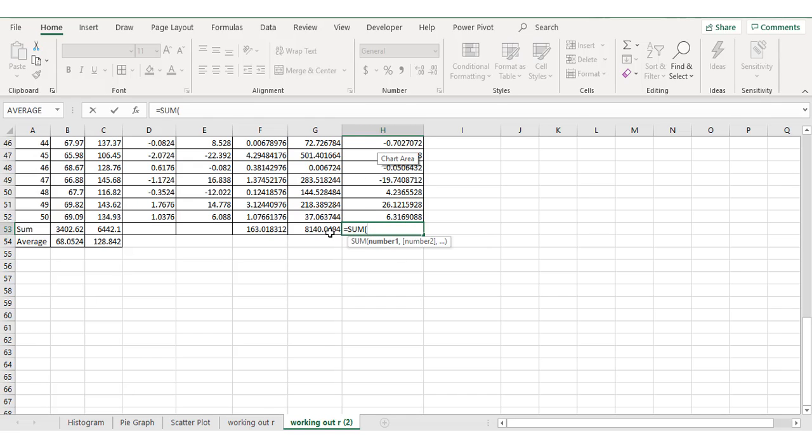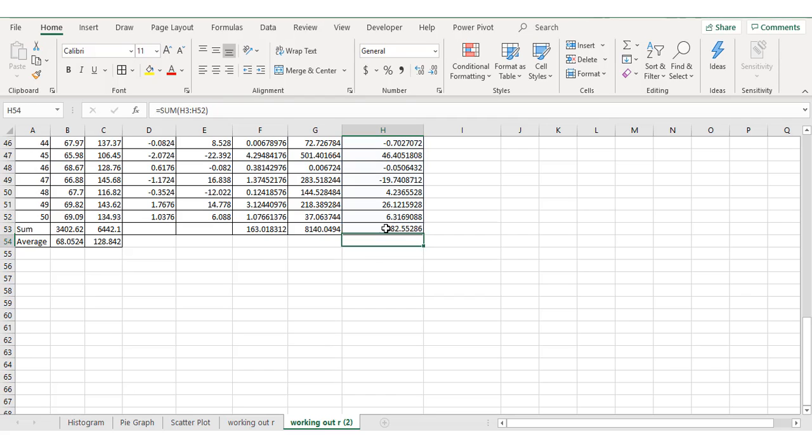From H3, colon symbol, H52. So we add all the data from H3 to H52. Enter.